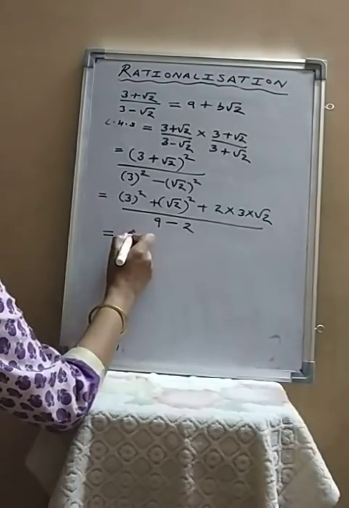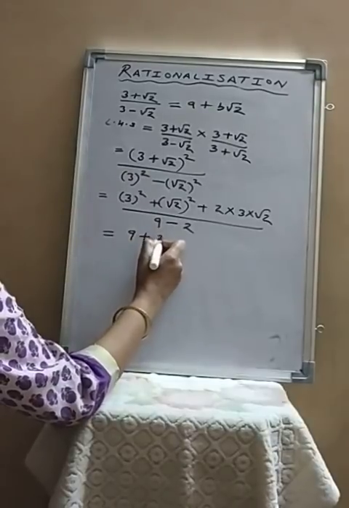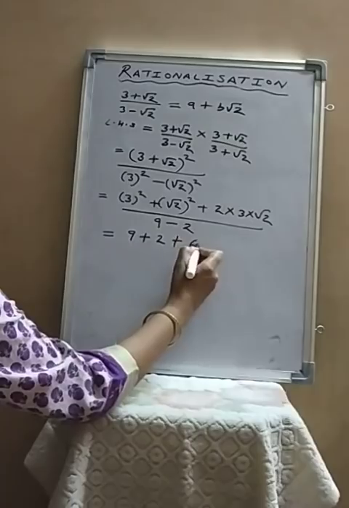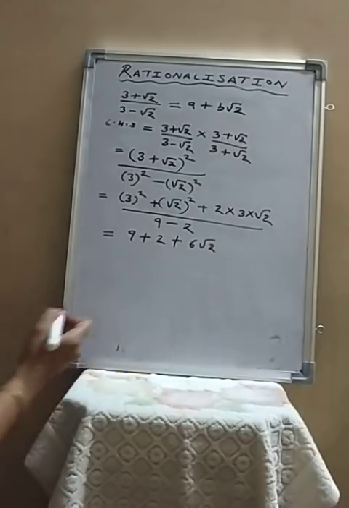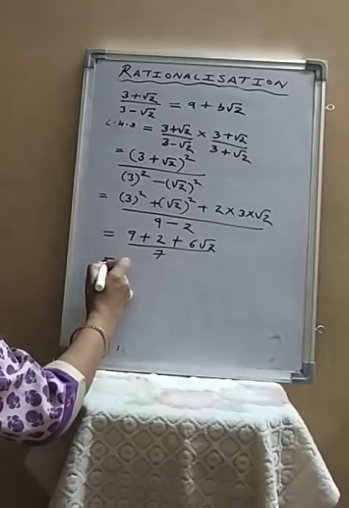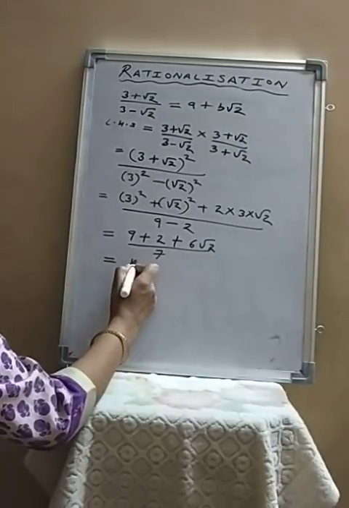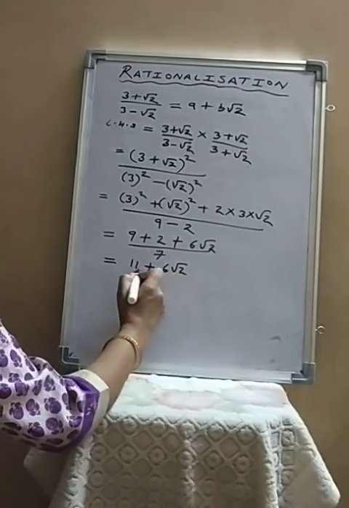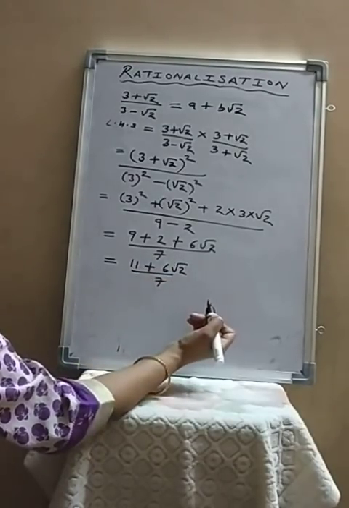This is 9 plus 2 plus 6 root 2 divided by 7, which is further equal to 11 plus 6 root 2 upon 7.